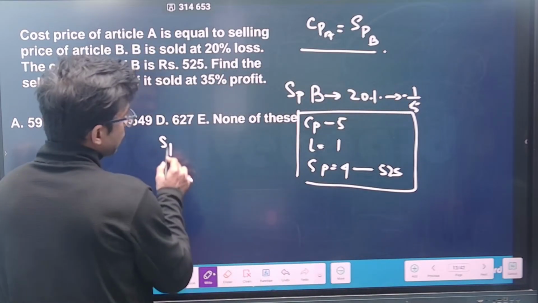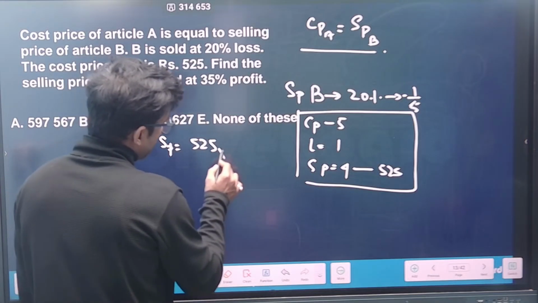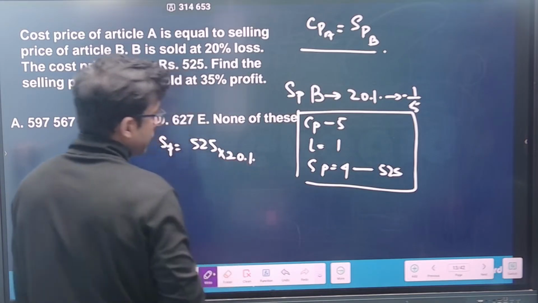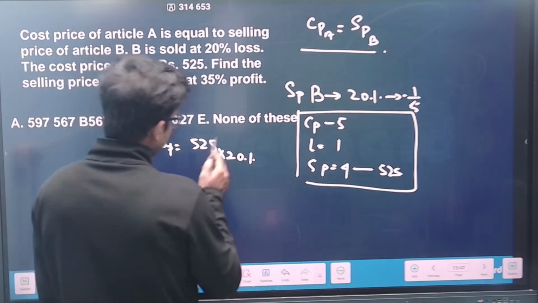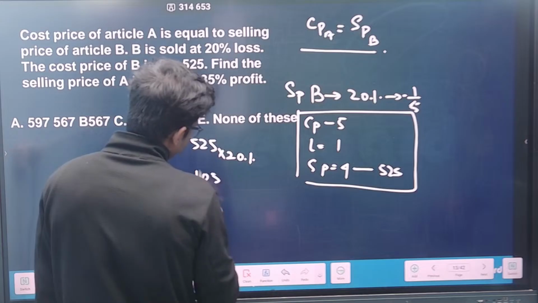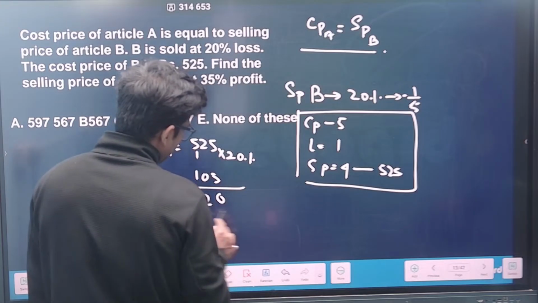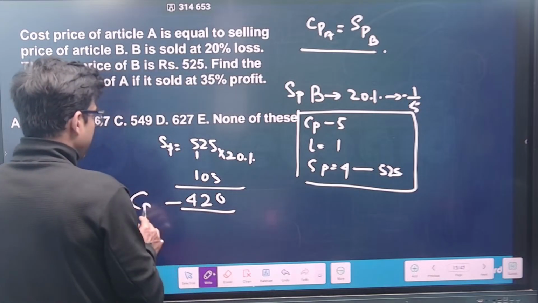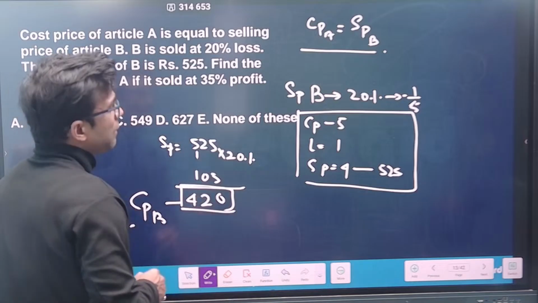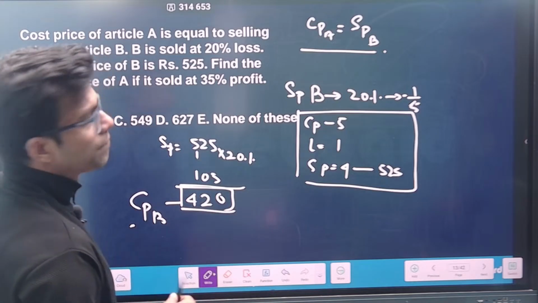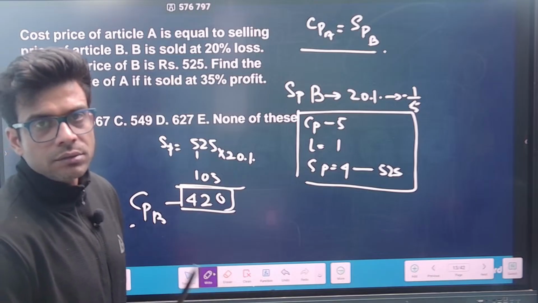If the selling price of B is given to me, which is 525, if I figure out the 20% of it, which is 1 by 5 of it, which is 105. If I subtract 105 from it, can I say the cost price of article B is basically 420? I hope this is clear. Make sense, everyone?